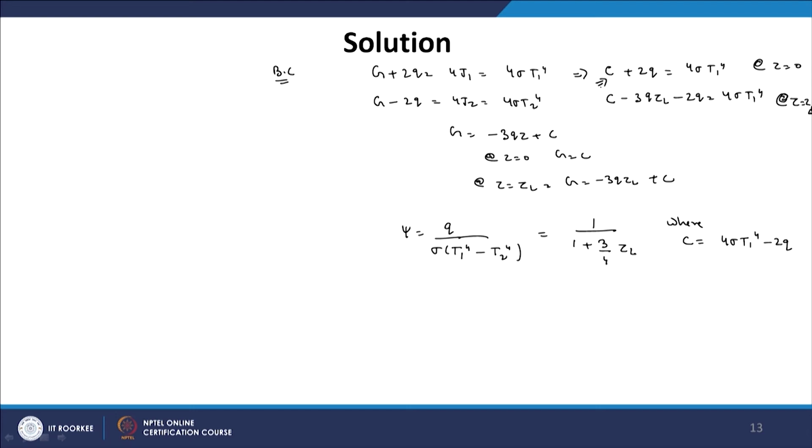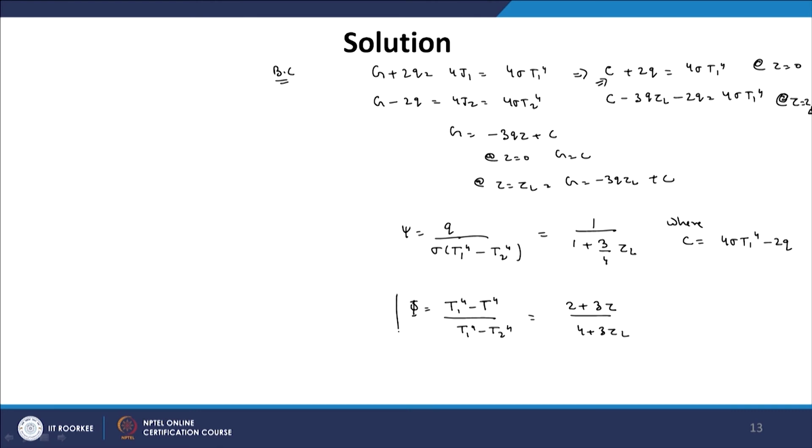And the non-dimensional emissive power phi is equal to T1 power 4 minus T power 4 upon T1 power 4 minus T2 power 4, that is the non-dimensional emissive power, which is equal to 2 plus 3 tau upon 4 plus 3 tau L.